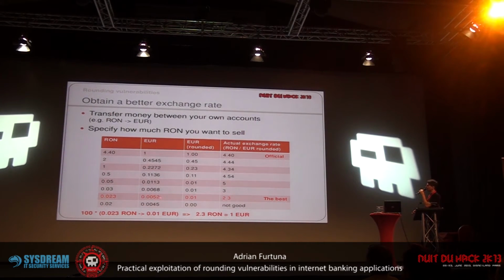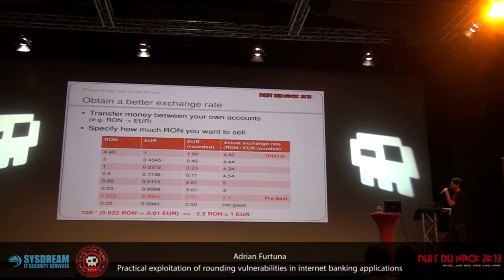So 0.023 was rounded to 0.01, and this gave me the exchange rate of 2.3, given the fact that the original exchange rate was 4.4. So, if I do 100 of these transactions, microtransactions I call them, you can actually gain from 2.3 RONs 1 euro.